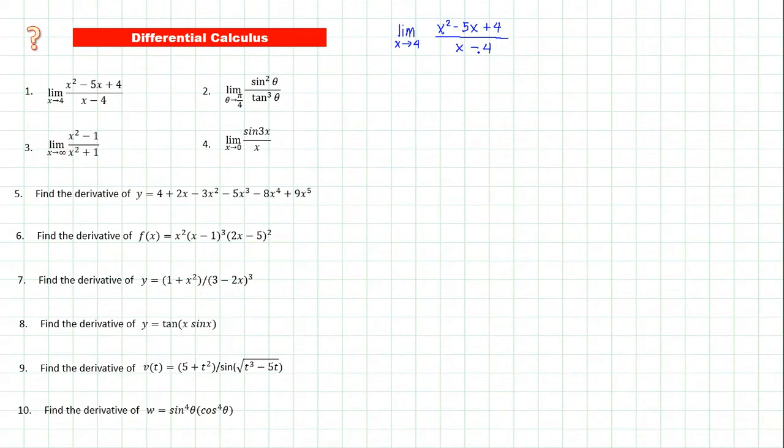Okay. So dito, kung isa-substitute natin yung 4, no? Let's try. Let's say we have 4 squared minus 5 times 4 plus 4 all over 4 minus 4, no? This will become 0 over 0. But of course, we'll try to solve this in a different way.